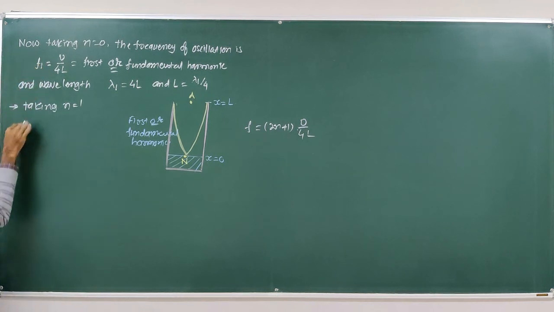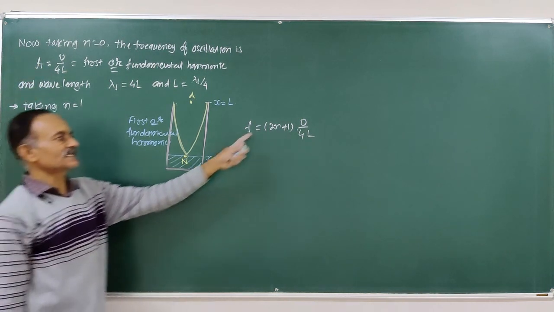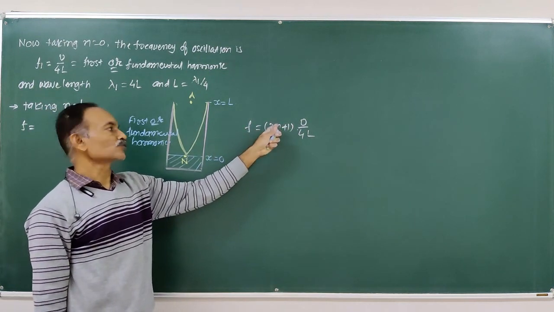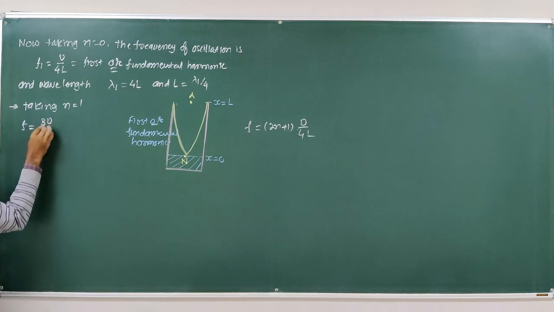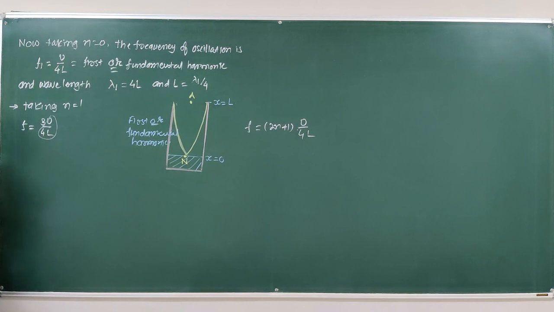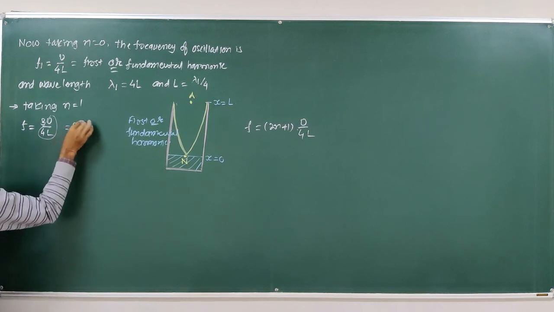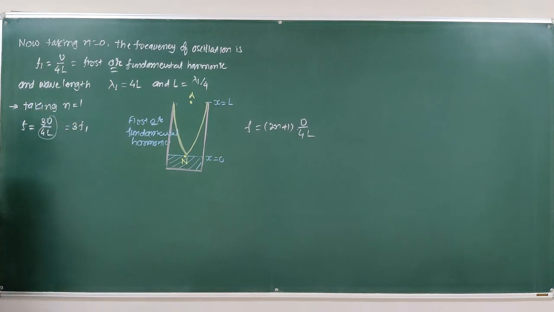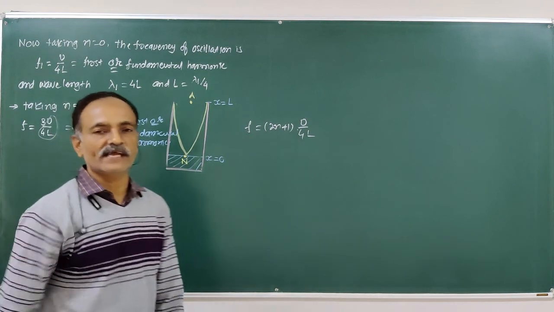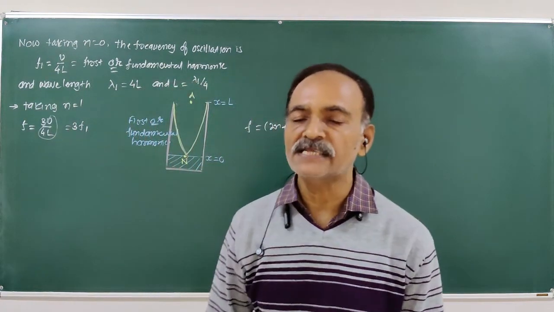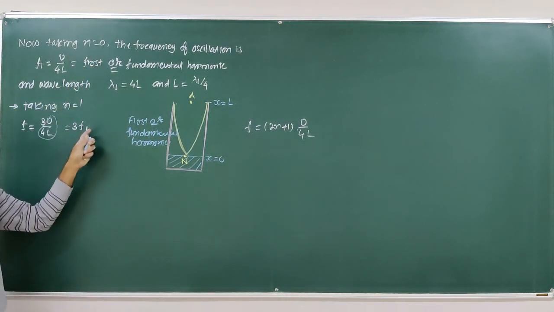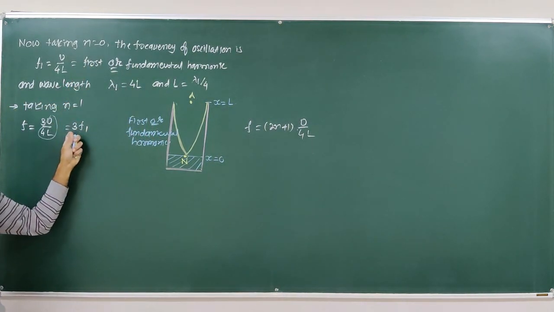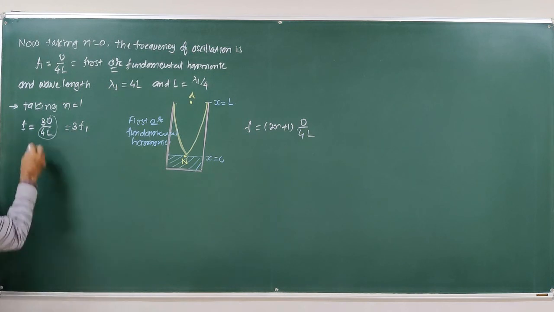So f is equal to, our equation is this one. So (2 plus 1), 3v upon 4L. But v upon 4L is our f1. Therefore, 3f1. So directly the third harmonic is obtained. Third harmonic is obtained instead of the second harmonic, because the frequency is 3 times the fundamental frequency. Therefore, there is the f3.